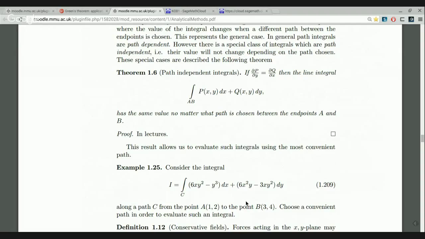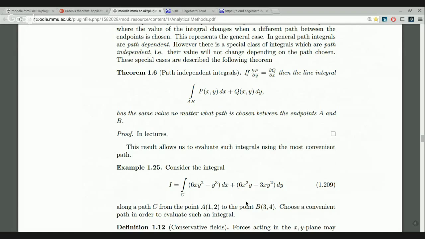So we can give a bit of a sketch of the proof of that. Theorem 1.6. Well, we'll prove a simple case first. So here's one curve from A to B, a curve C1. Here's another curve from A to B, C2.